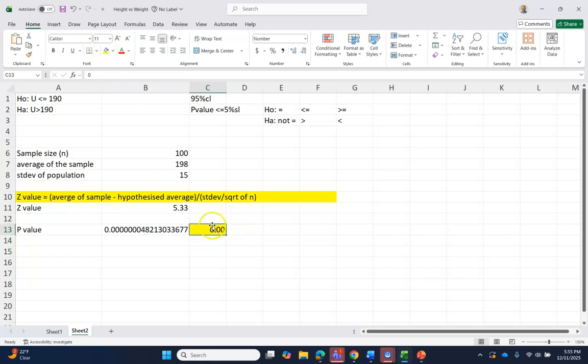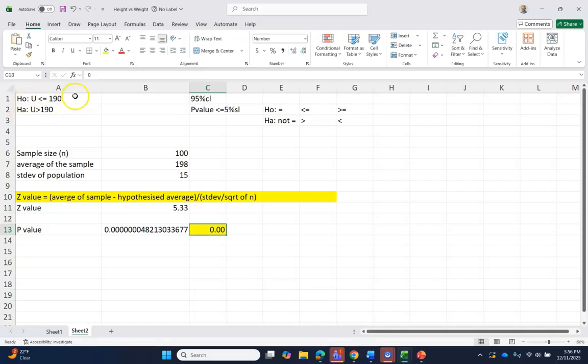Now, based on this p-value, it's way less than 5% significance level, so it means that I can reject the null hypothesis. And so I'm going to reject the original idea that says all Americans have 190 cholesterol level. But in fact, my new study has come up with the suggestion that children have more than 190 cholesterol level on average.